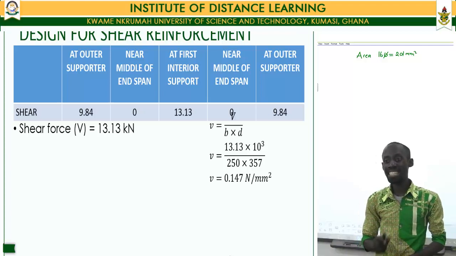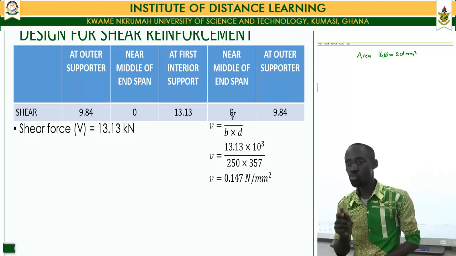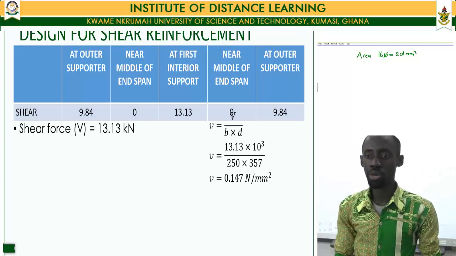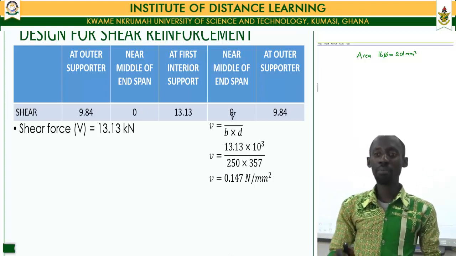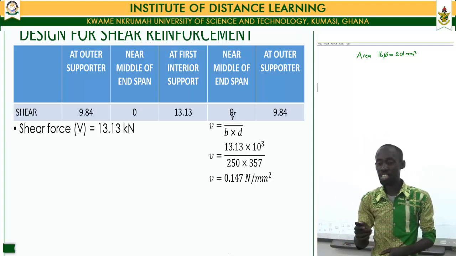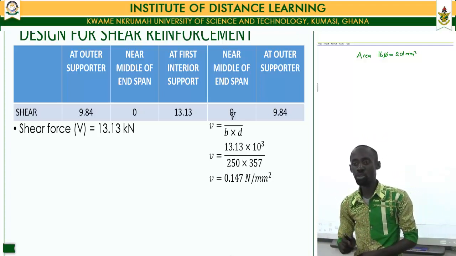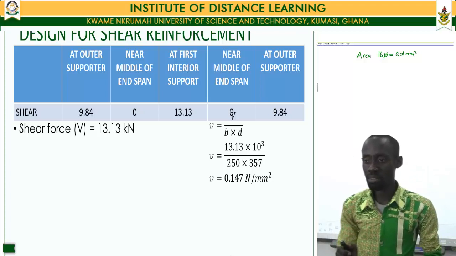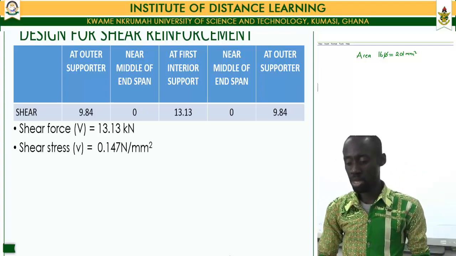This gives us a shear stress value of 0.147 newtons per millimeter squared. So where we have our shear force value being equal to 13.13, our shear stress value within the beam was equal to 0.147 newtons per millimeter squared.